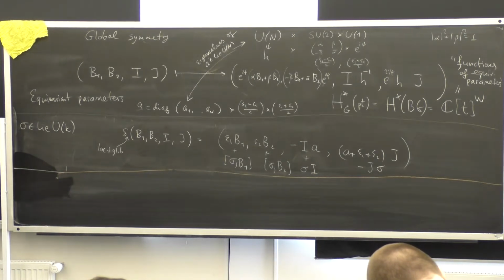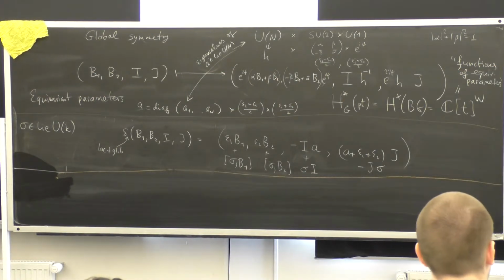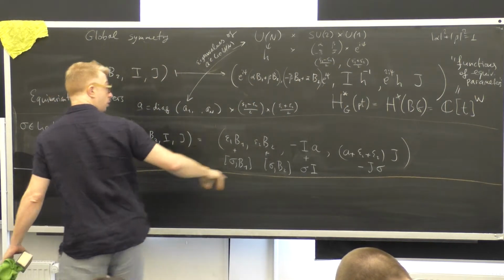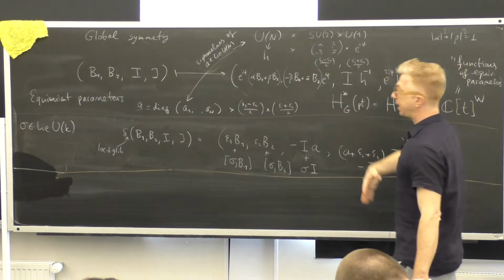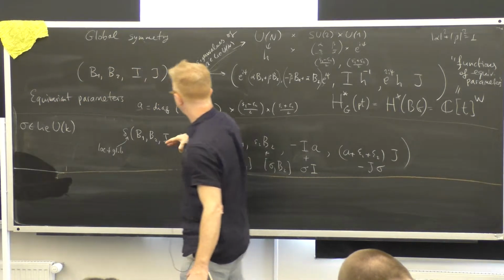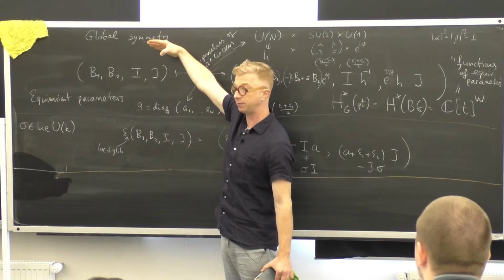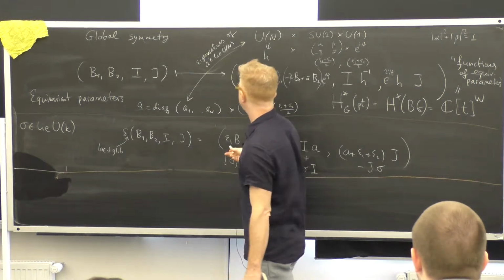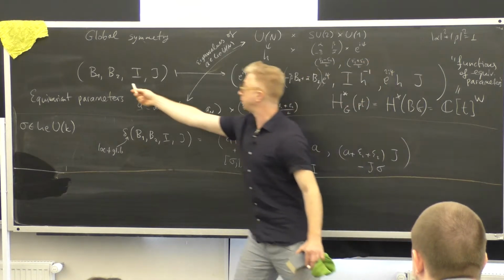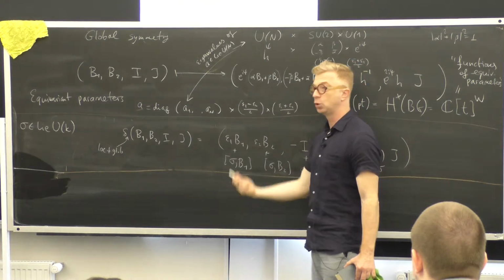So, in order to compute my covariant integrals, I need to find out what are the fixed points of the action of the global symmetry group on the moduli space. But then, if I go from the moduli space back to the ambient space on which my equations were defined, it means that I'm looking for quadruples B1, B2, I, and J, which are fixed up to the action of the group we divide by.